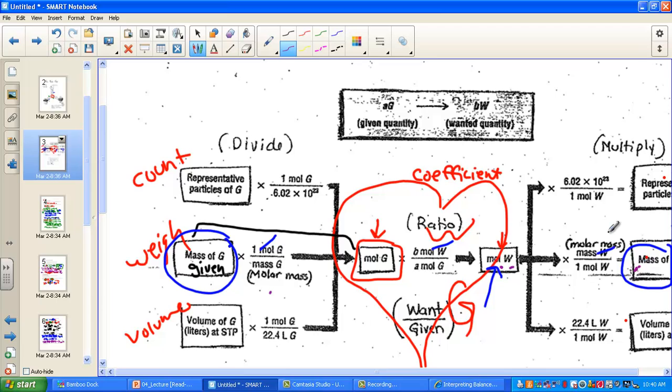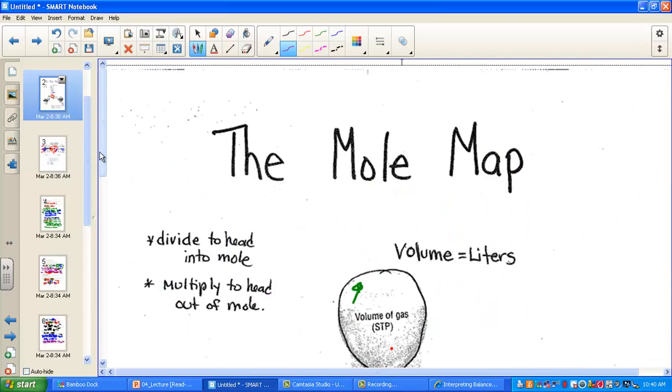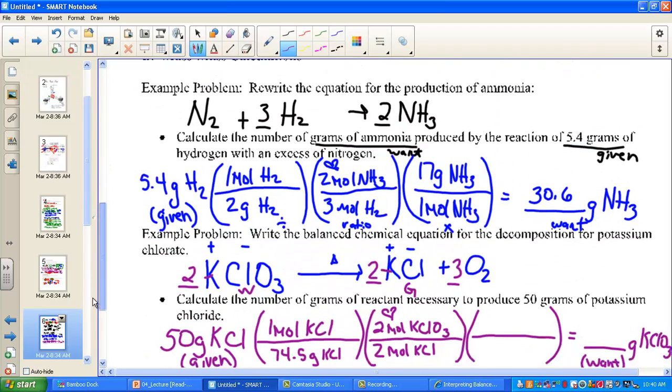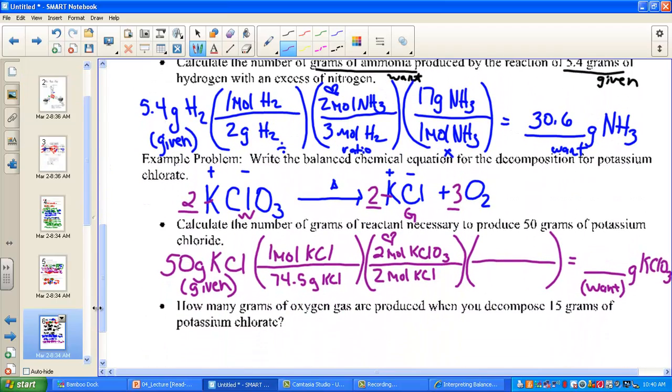When I move from moles to mass, I use my conversion, the molar mass of the calculated substance, just as if we were on our old mole map. We want to move from moles to mass. We multiply to head out, don't we? Using the molar mass. So we have to add a K, a Cl, and 3 O's, finding the formula weight of potassium chlorate per mole.